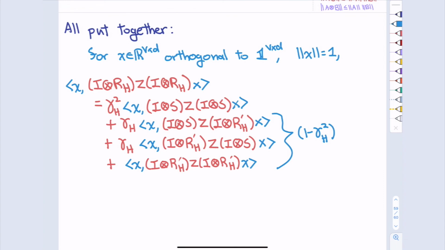Okay, and this will be gamma h squared times gamma g times 1 minus gamma g, this kind of thing.